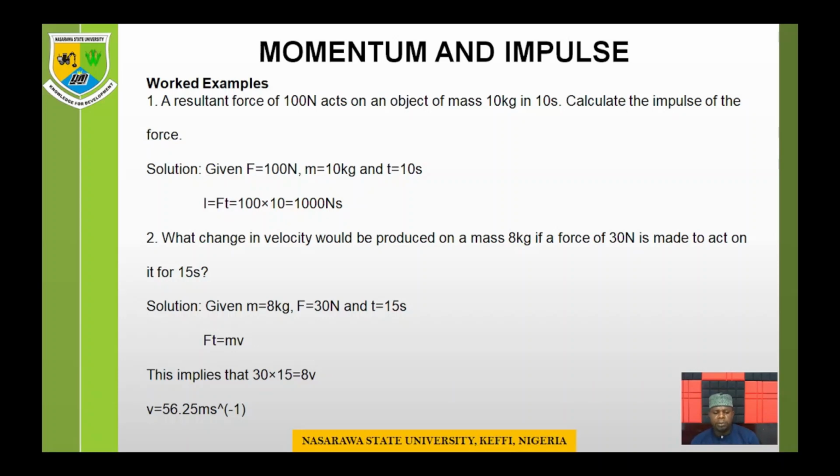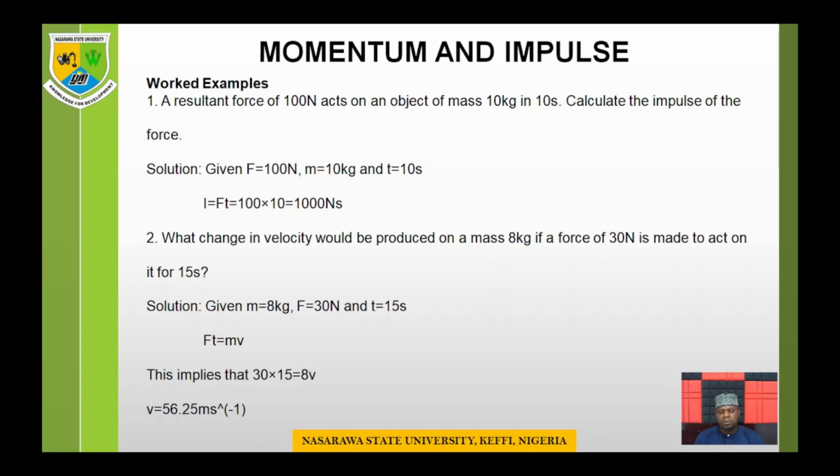What is the impulse of the force? From the question, we have that F is 100 Newton, mass is 10 kg, and t, that is the time, is 10 seconds.